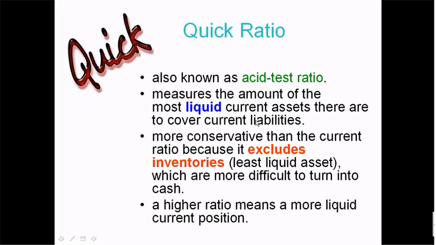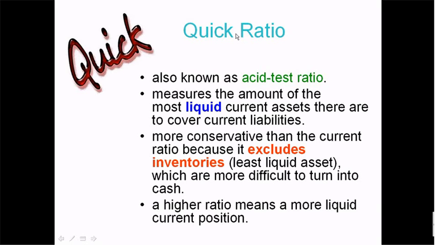If you minus out inventories, what is left over will be maybe cash, bank, and your accounts receivable. So all these are your liquid current assets. So I am only comparing what is liquid. I'm only looking at those liquid current assets that I have, and how much do I have here that I can use to cover my current liabilities.